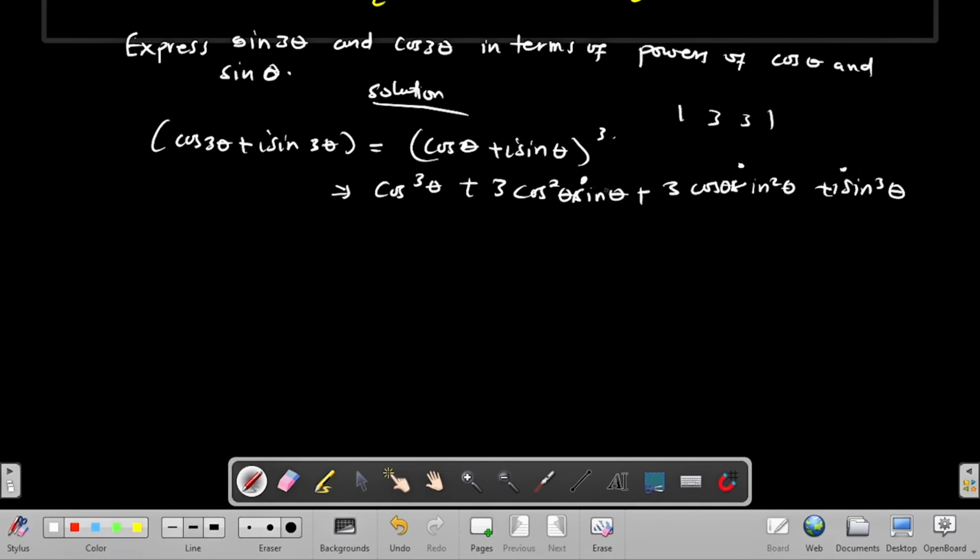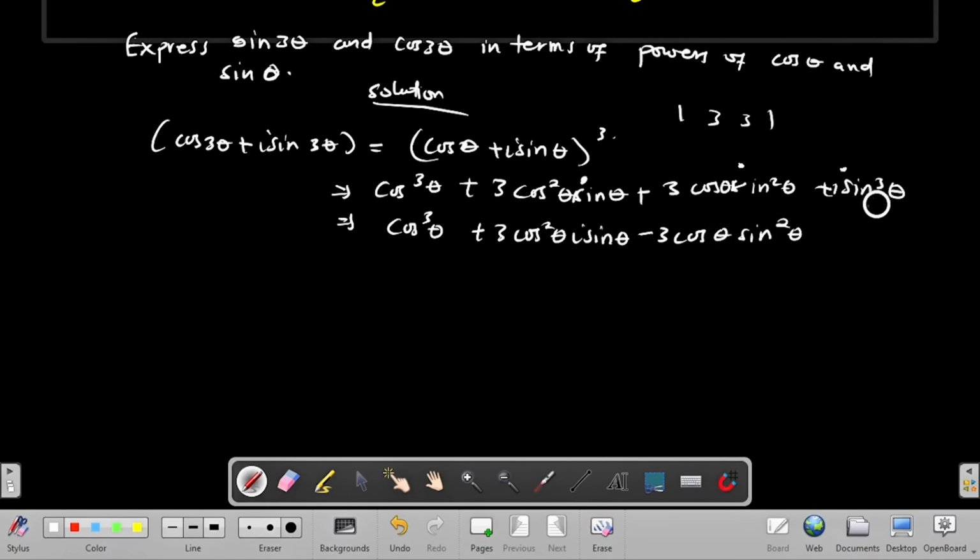Okay, so now let's see what you have. I have cos cube theta plus 3 cos squared theta i sine theta. Now this one, I was squaring i sine theta all squared, meaning that i squared becomes negative, so we get negative 3 cosine theta sine squared theta.